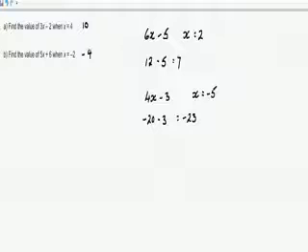Let's say we have 6x minus 4 and x equals minus 3. Then 6x is 6 lots of minus 3.